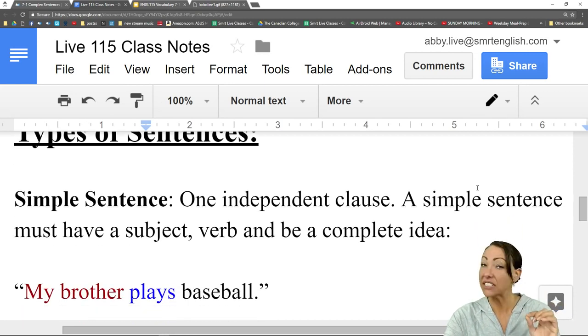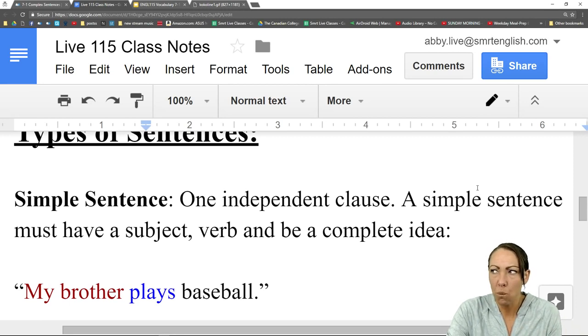Our first type, again, is a simple sentence. One independent clause, and it's got to have a subject, who or what I'm talking about. It's got to have a verb, what is the action, and this is most important, it has to be a complete idea, right? Like our first examples with the complex sentences, when you and your friends get together, what do?